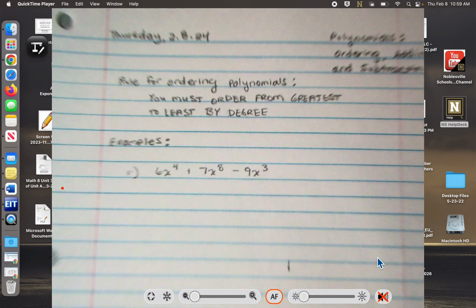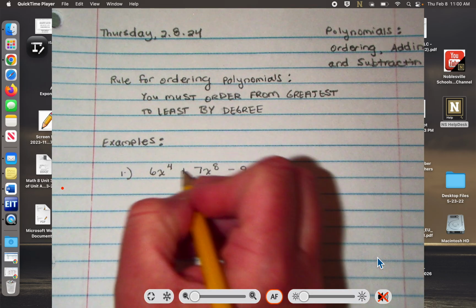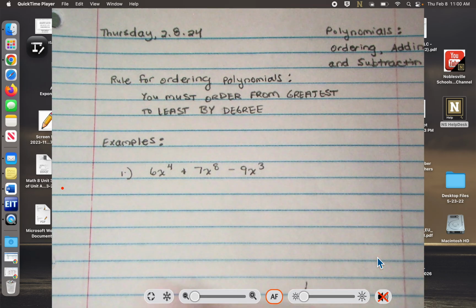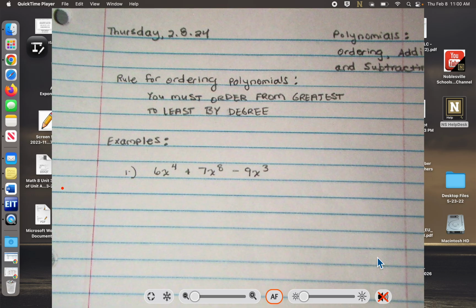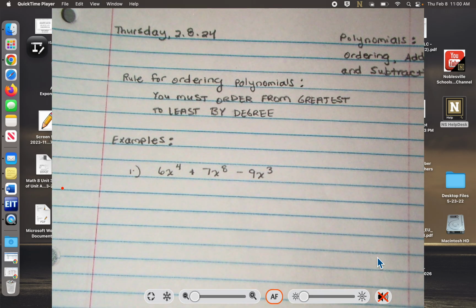So we have this expression here, 6x to the 4th plus 7x to the 8th minus 9x to the 3rd. Okay? This is a polynomial. This right here is the definition of a polynomial. We have terms that have exponents and variables. We also have some coefficients.